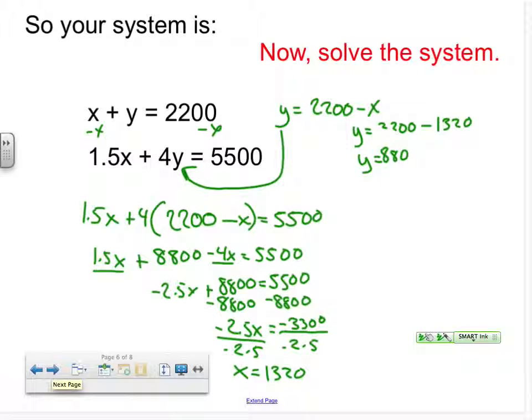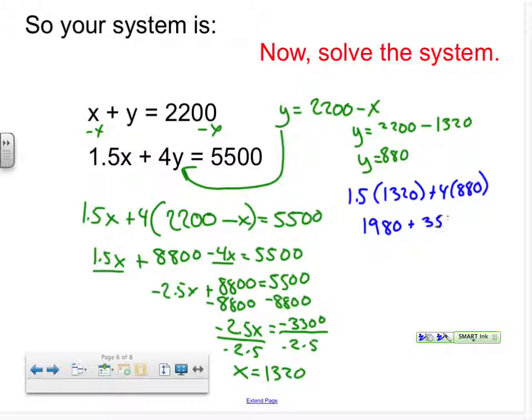We should probably double check that. Plug that into the other equation. We should get the same results. 1.5 times 1,320 plus 4 times 880 should equal 5,500. Okay. 1.5 times 1,320 is 1,980. 4 times 880 is 3,520.